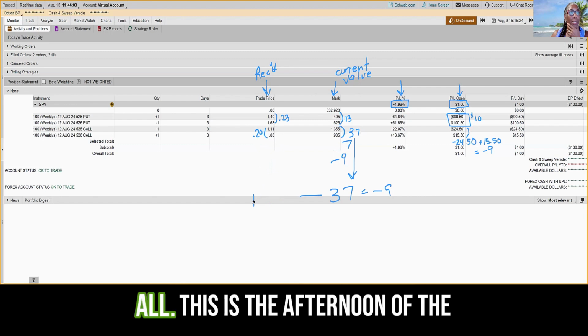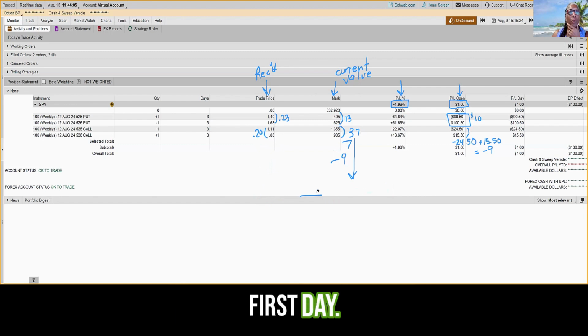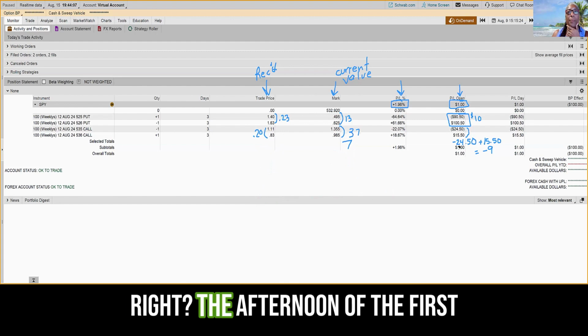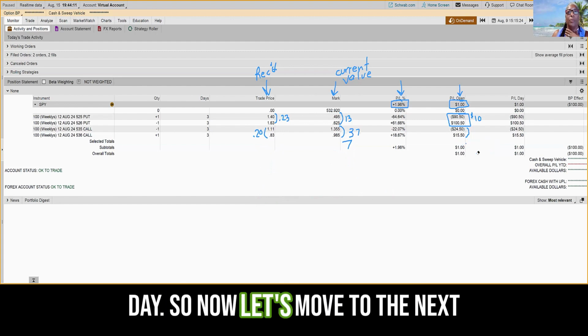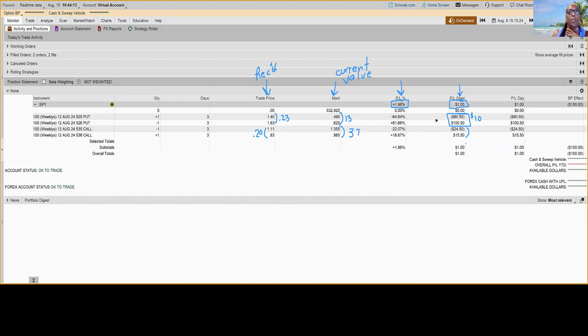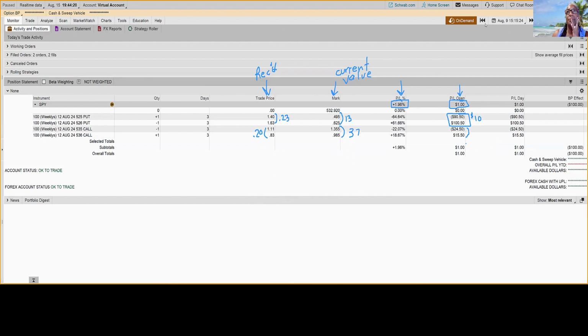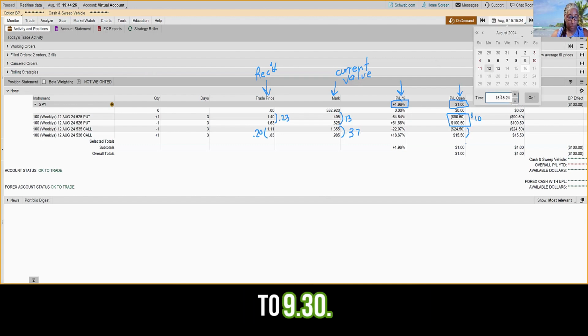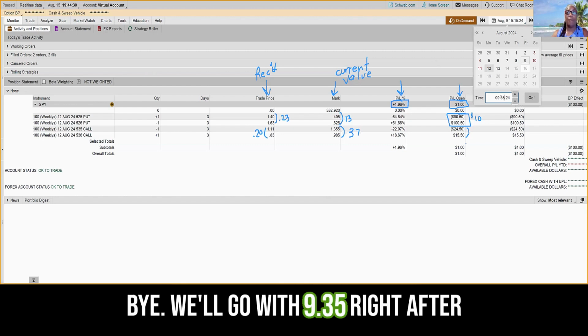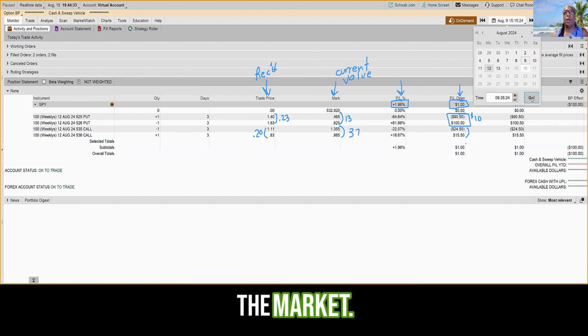So this is the afternoon of the first day. Right? It's the afternoon of the first day. So now let's move to the next day. Move ourselves to what would be Monday. And we're going to move ourselves to 9:35, right after the market opens.